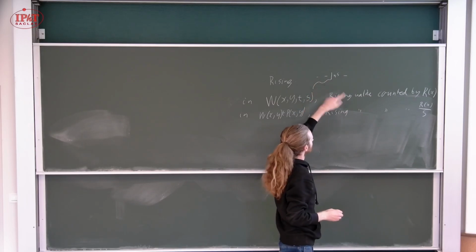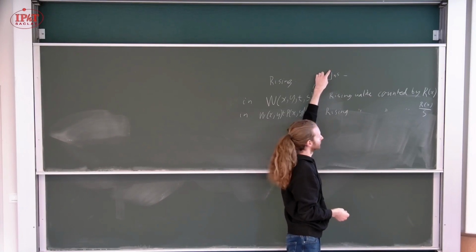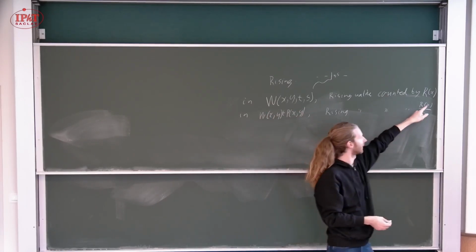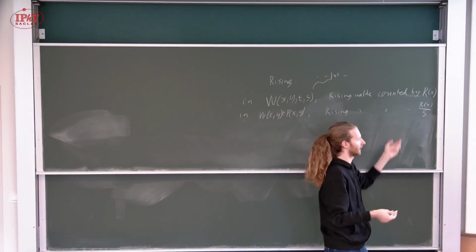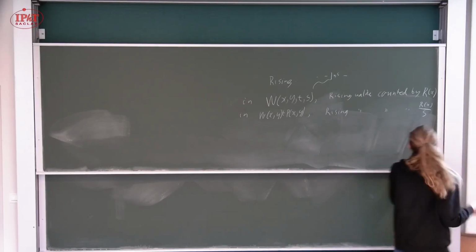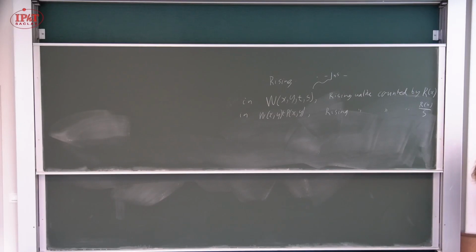The problem here is that when we added the last step, we didn't multiply by S. So the factor from rising walks in here is actually Rx over S, because we forgot to multiply by S. So to correct for the difference in rising walks, we need to subtract Rx from here and then add Rx over S to get the thing that's in here. Similarly for S, we do the same thing except that when we go down, we divide by the factor of S, so it's like 1 over 1 over S.